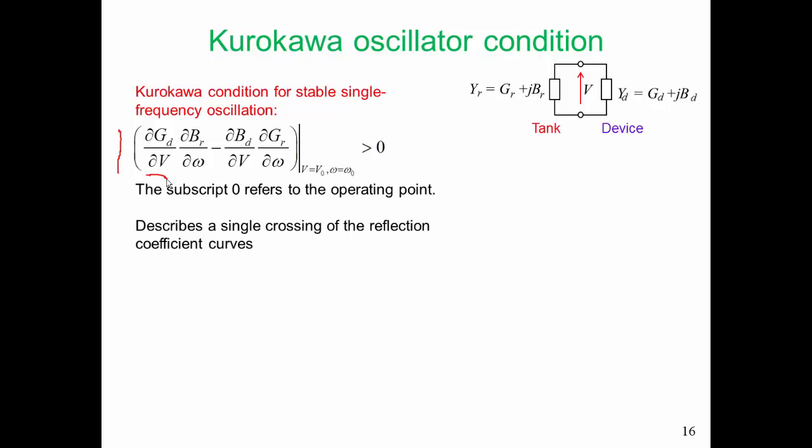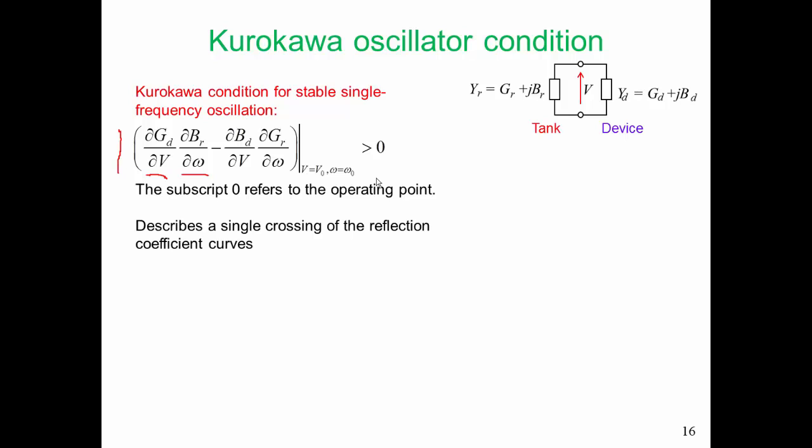This is saying that the conductance of the device with respect to voltage multiplied by the derivative of the resonator susceptance with respect to frequency, so we have both amplitude dependence and frequency dependence here, minus the derivative of the device susceptance with respect to voltage times the derivative of GR with respect to omega must be greater than 0 at the operating point.